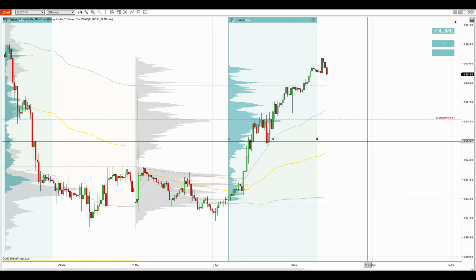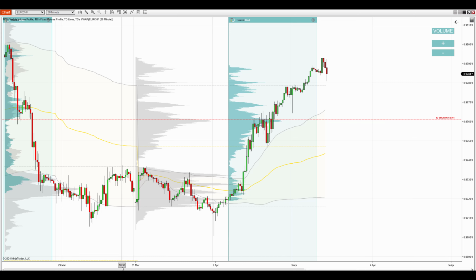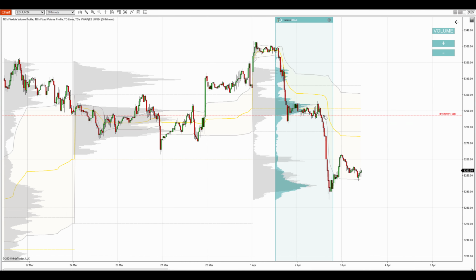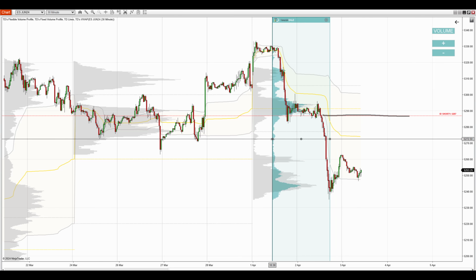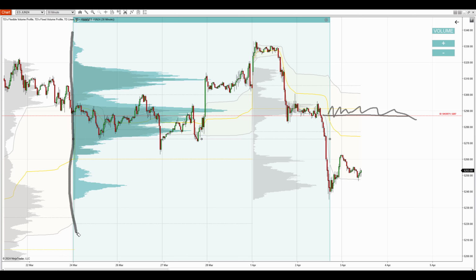Oh, and by the way, there's one more thing that I haven't mentioned on the ES. I forgot about that, so let me go back. This is the short I was talking about, and I wanted to tell you that the resistance zone, which we have in here, is also the point of control of the last 2 weeks.